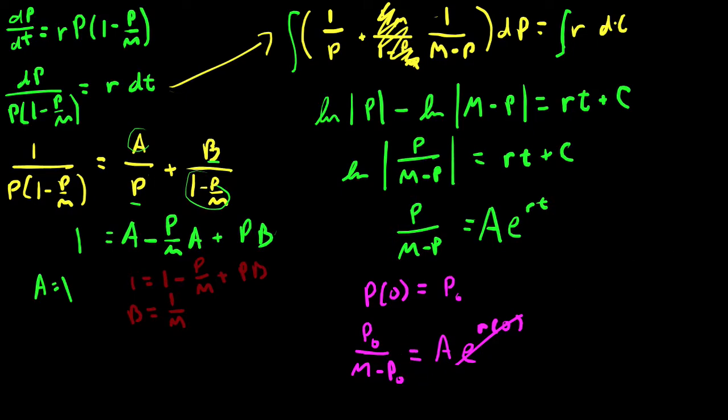Let me switch to another slide. So we're sitting at the point now where we have P over (M - P) is equal to P naught e to the rt over (M - P naught). All I have to do now is solve for P, which is just a little bit of algebra.